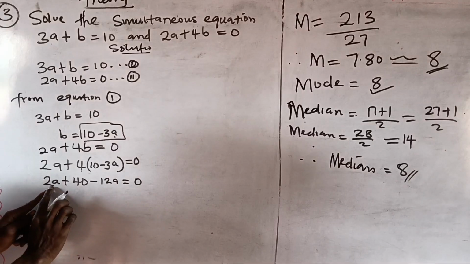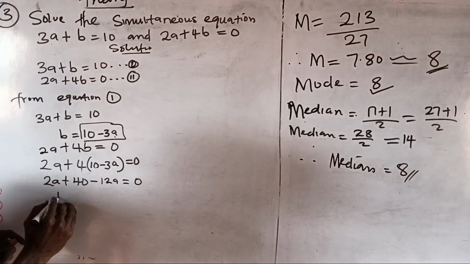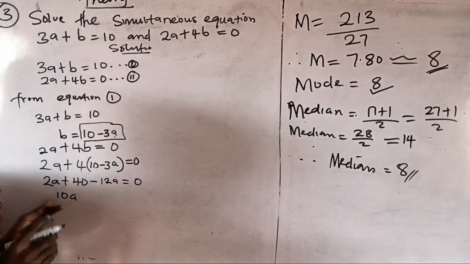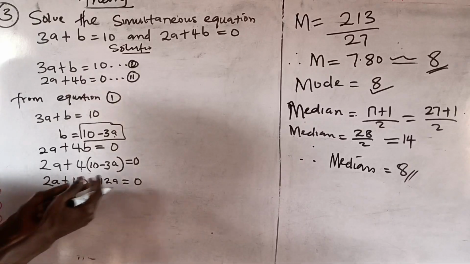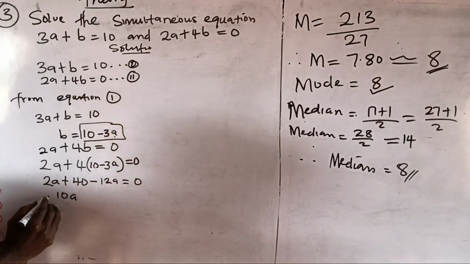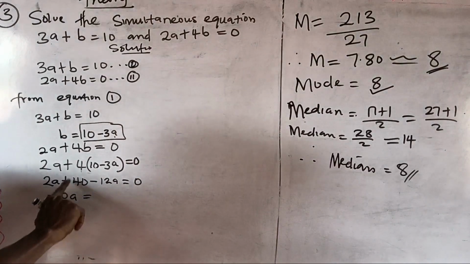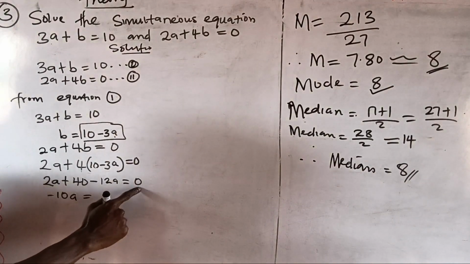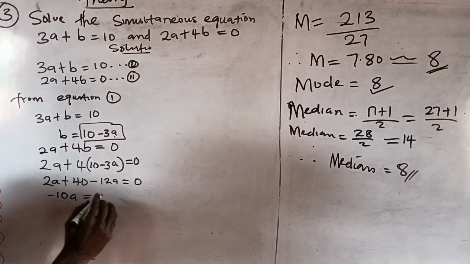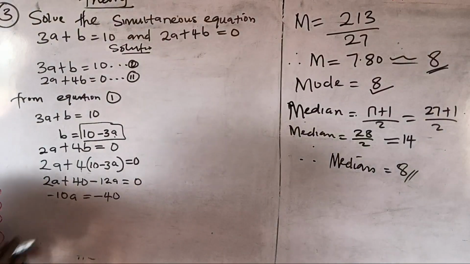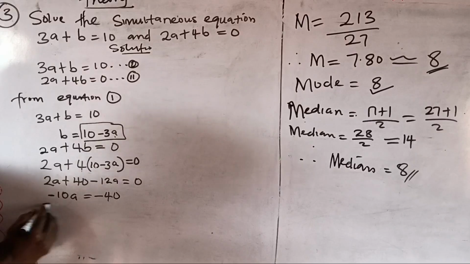So let's collect terms. We have 2a minus 12a, which gives minus 10a, because you are owing 12a and you have 2a, so pay the 2a and you are left with minus 10a equals minus 40, after taking the 40 to the other side of the equality sign and the sign changes to minus. For a to stay, I'm dividing all through by minus 10.